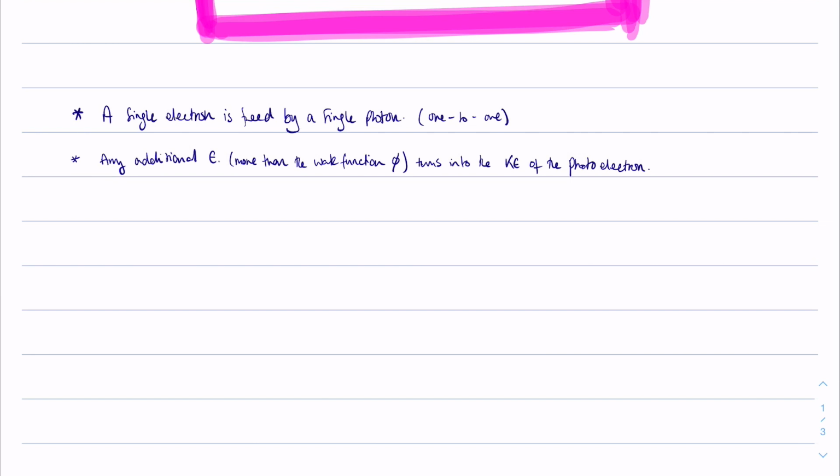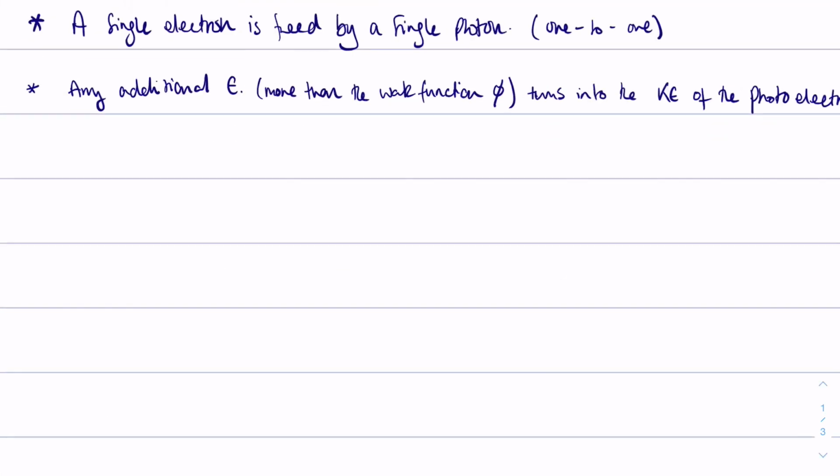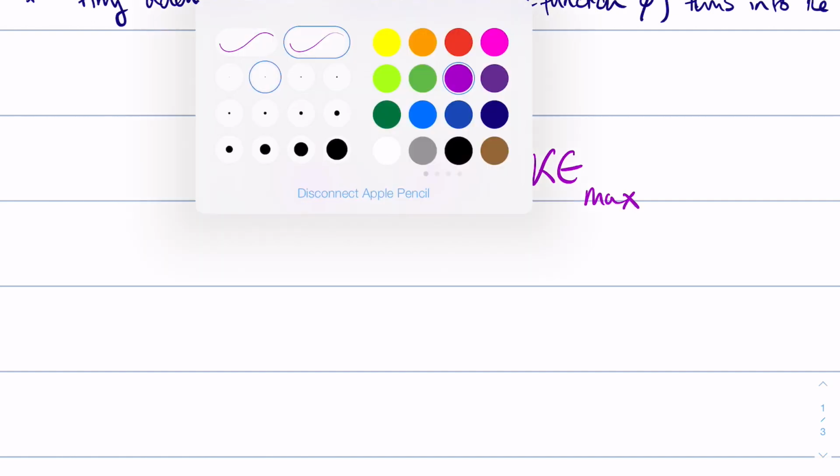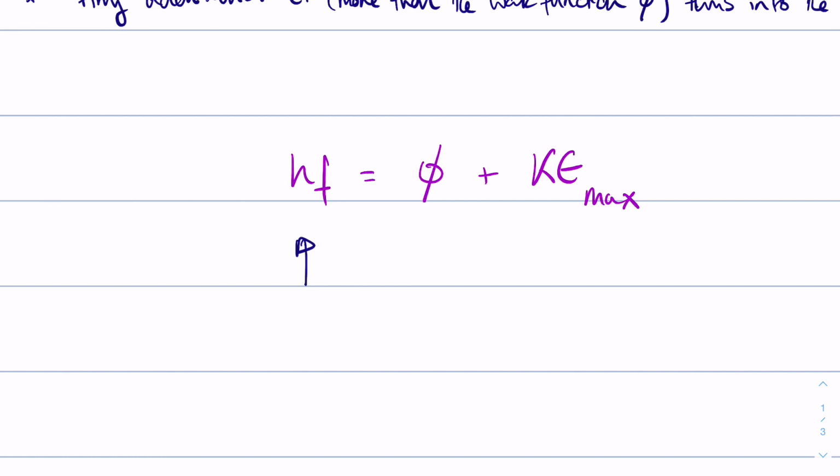And so the equation we need to look at is hf equals phi, the work function, plus the maximum kinetic energy of the electron. So this would be the energy of the photon.